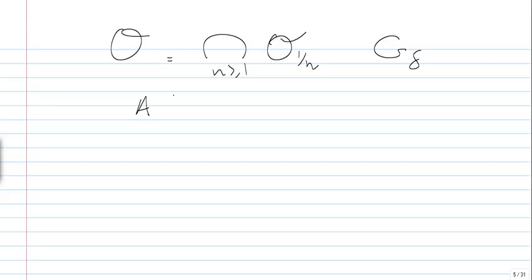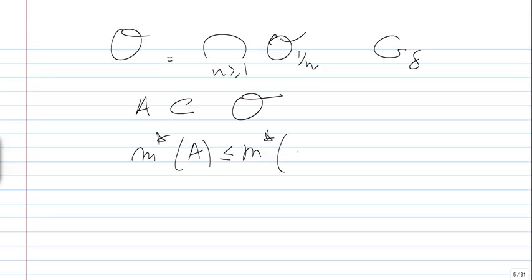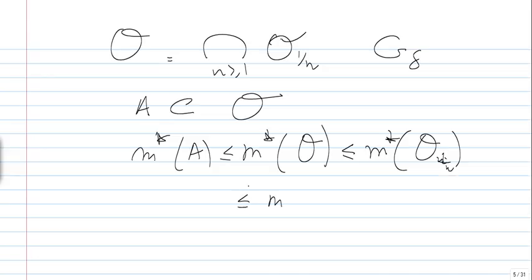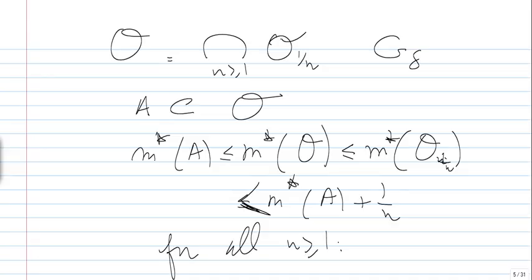A is in every O epsilon, therefore it is in O. By monotonicity, the outer measure of A is less or equal than the outer measure of O, which is less than the outer measure of O 1 over n, because O is a subset of O 1 over n, which is less than the outer measure of A plus 1 over n for all n greater than or equal to 1. Obviously, this will imply that the outer measure of O is equal to the outer measure of A, by letting n go to infinity.